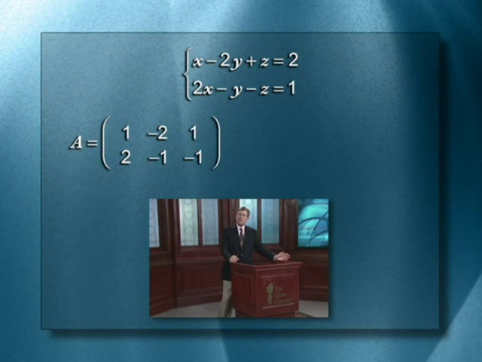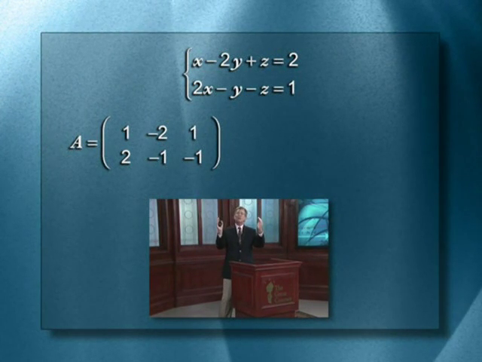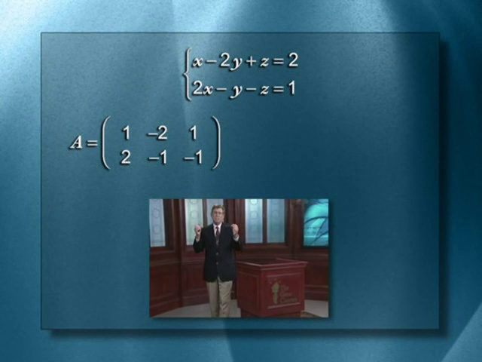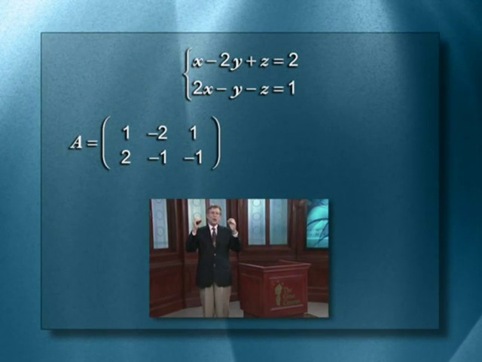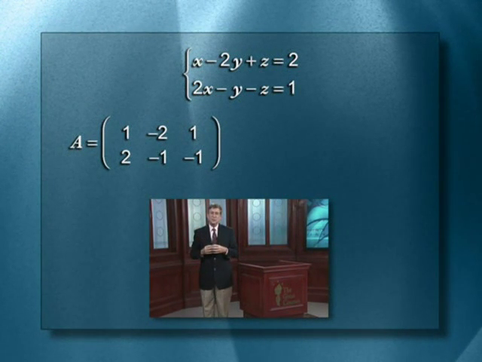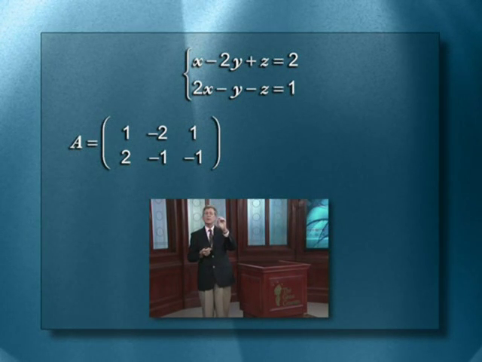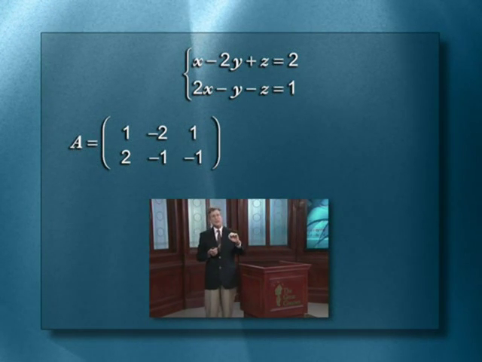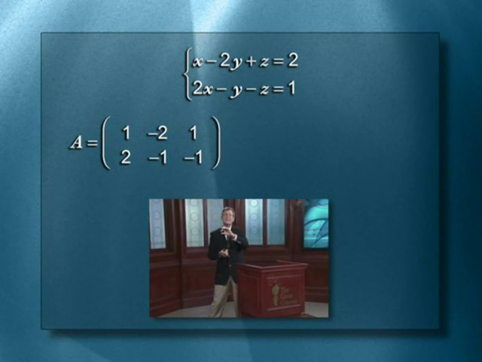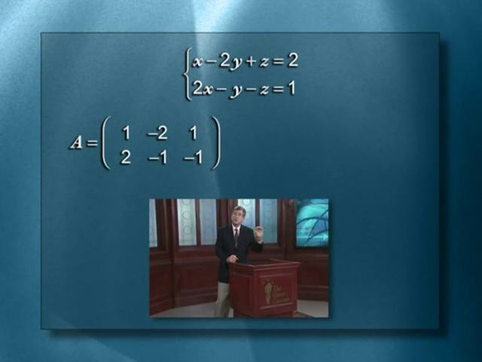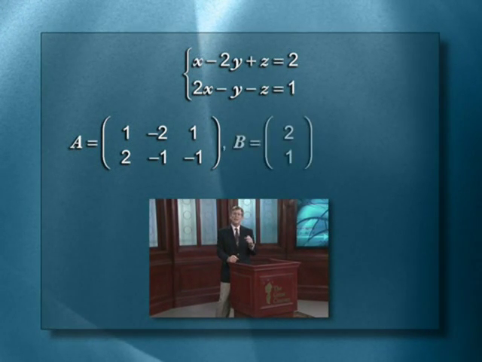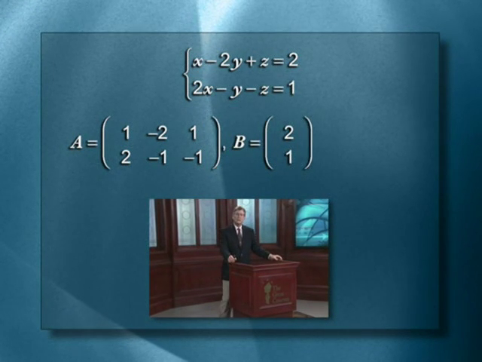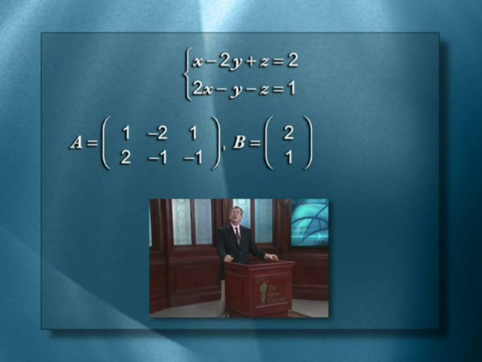Let's let the matrix A be the coefficient matrix. So it'll be a matrix that's 2 rows, 3 columns. The first row is 1, minus 2, 1. That corresponds to the coefficients of the first equation. And the second row is 2, minus 1, minus 1, corresponding to the coefficients of that second equation.